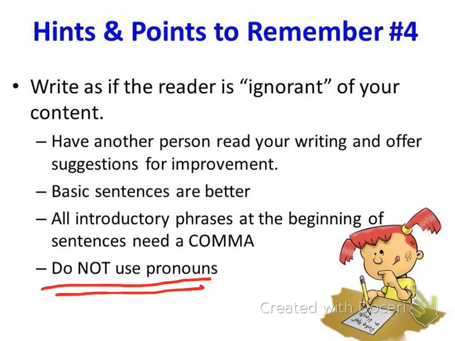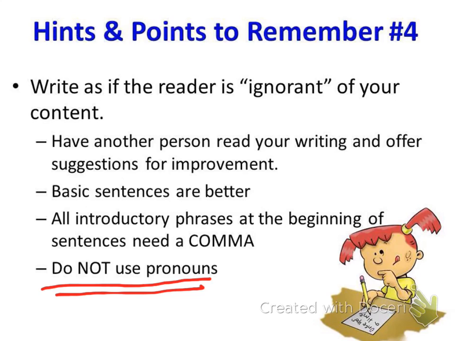Basic sentences are better. You don't need 150-word sentences to make your point in APA. All introductory phrases at the beginning of the sentence need a comma. If you have a phrase that said, in the spring of 1994, comma, and then on with your sentence, or during the assessment gathering phase of the project, comma, and then go on with the rest of your sentence.